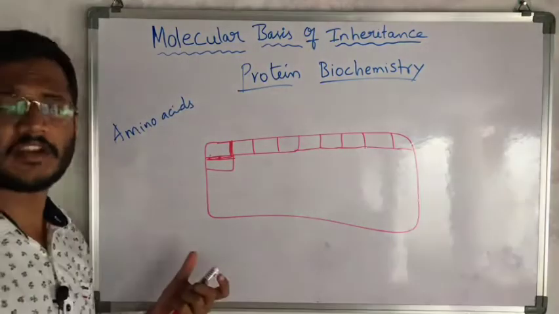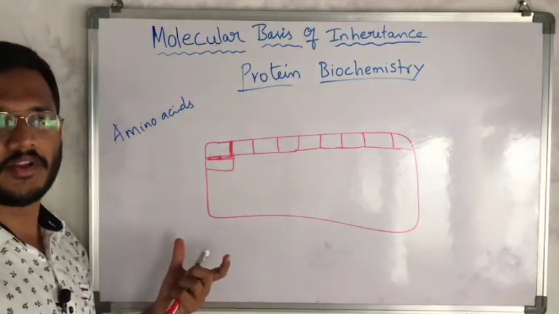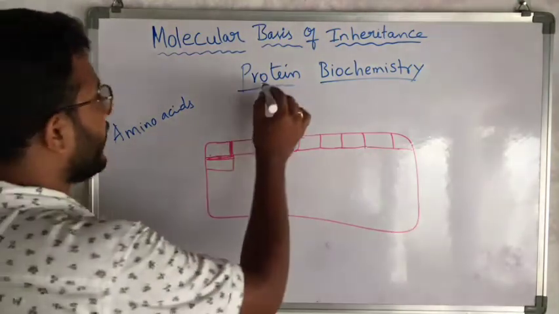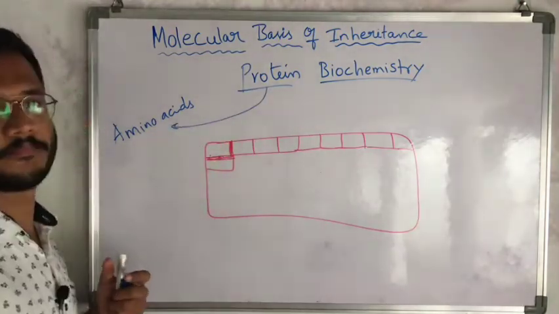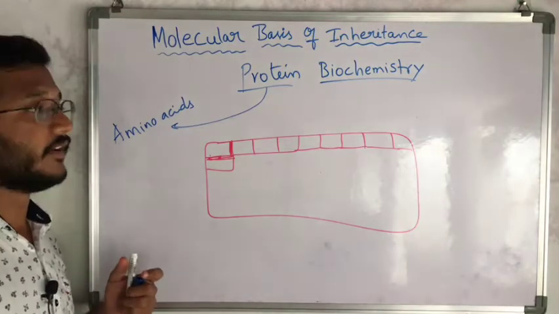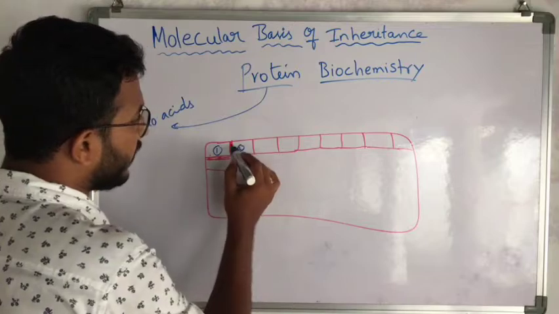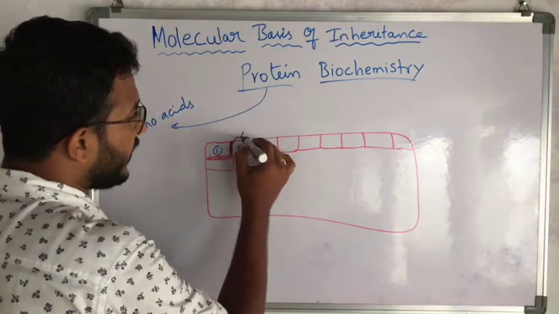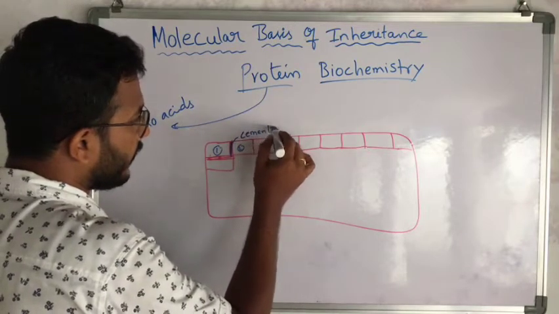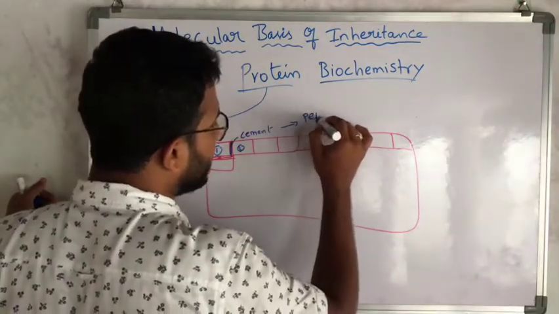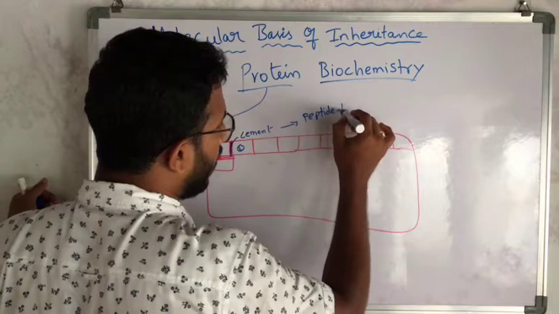If bricks are not there, we cannot construct a wall. So the structural and functional unit of a protein is amino acids. The linkage between two bricks, this is the first brick, this is the second brick, is established by the cement. That cement, in protein biochemistry, is the peptide bond.